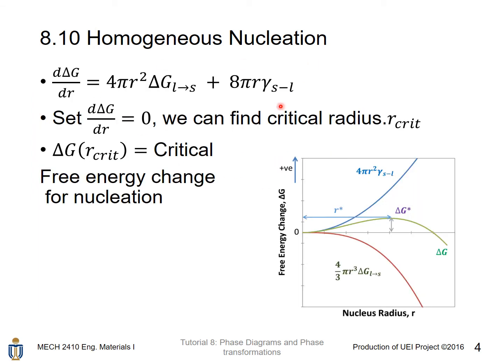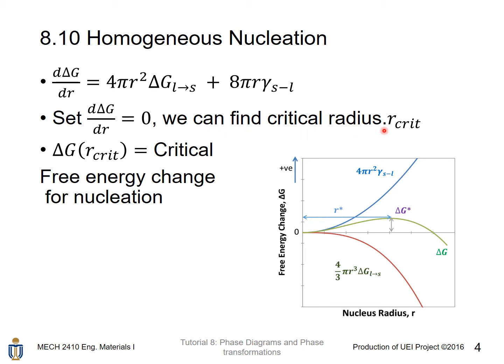Let's say we take the derivative of this equation with regard to R to find the critical radius for the nucleation to go indefinitely. Then we get the following equation. And we set this derivative to be 0 and find the R value.